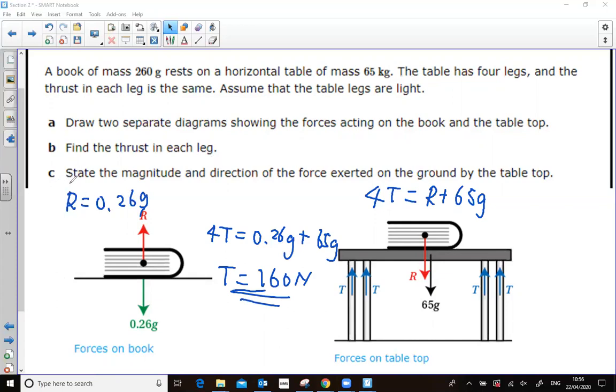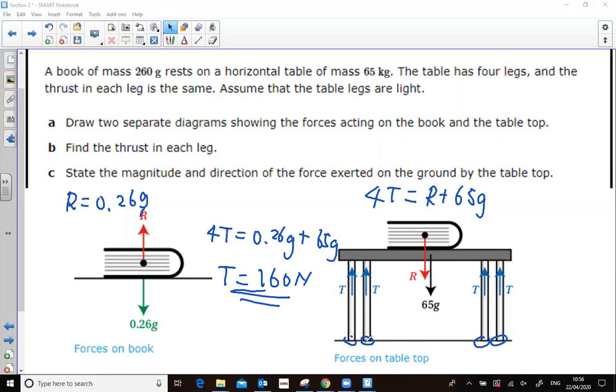Right, part C. State the magnitude and direction of the force exerted on the ground by the tabletop. Well, the forces on the ground from the tabletop: if you look, the table touches the ground with the 4 legs.